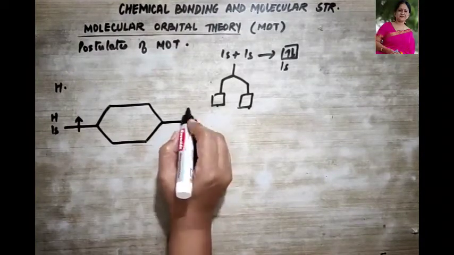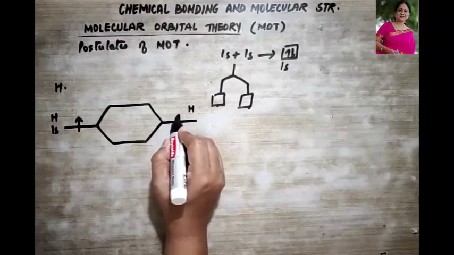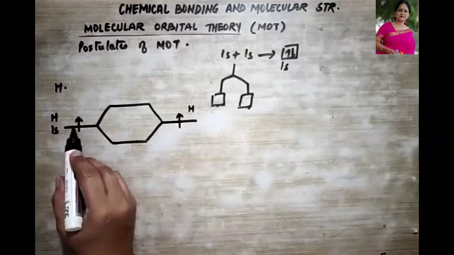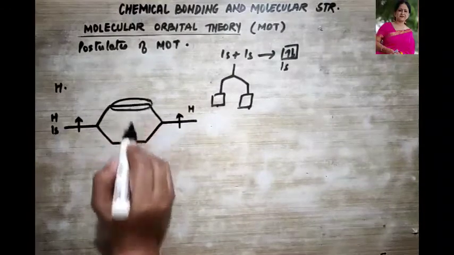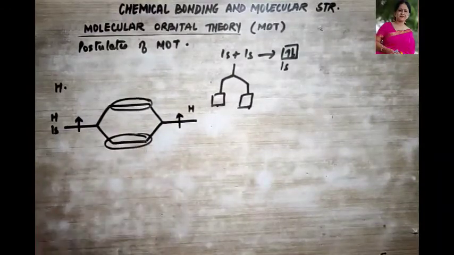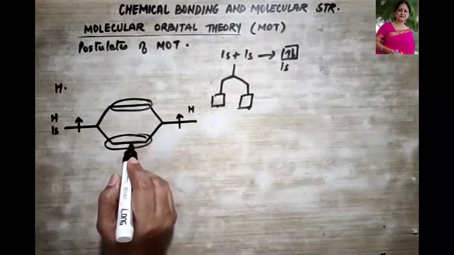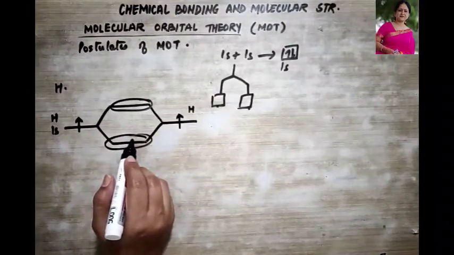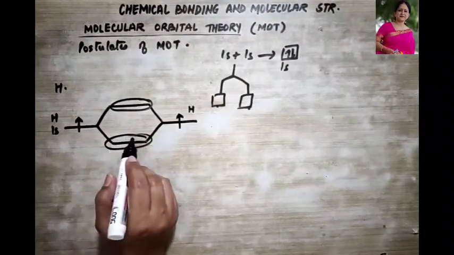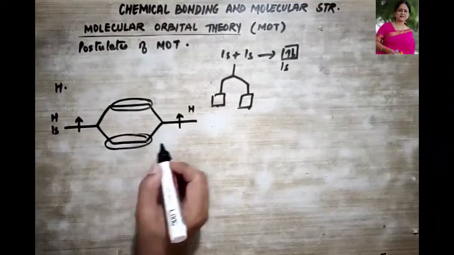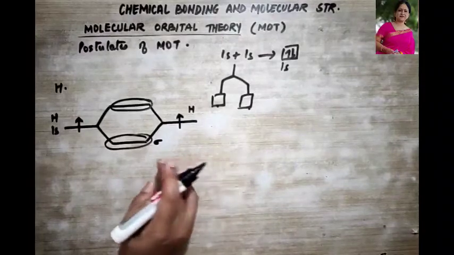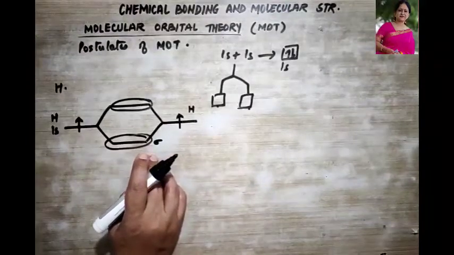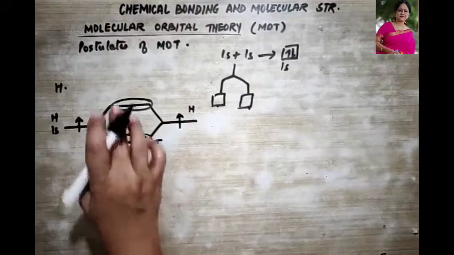This is another H with one electron. So 1 plus 1, they are forming two molecular orbitals. So the lower one is called the bonding molecular orbital, represented with a sigma. This is your molecular orbitals.